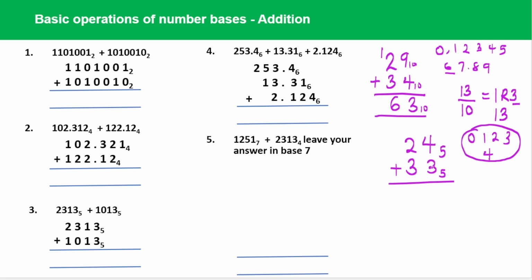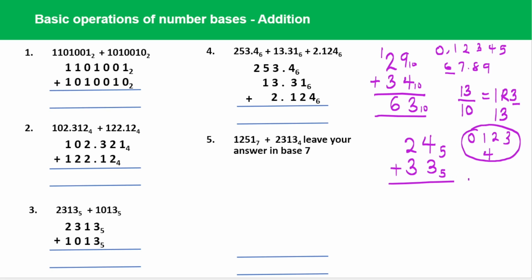So anytime I have an answer that is more than my base or equal to my base, I have to divide that answer by my base. For instance, 4 plus 3 here will give us 7. It will be wrong for me to write 7 here because 7 is more than my base and 7 is also not part of the base 5 digits.